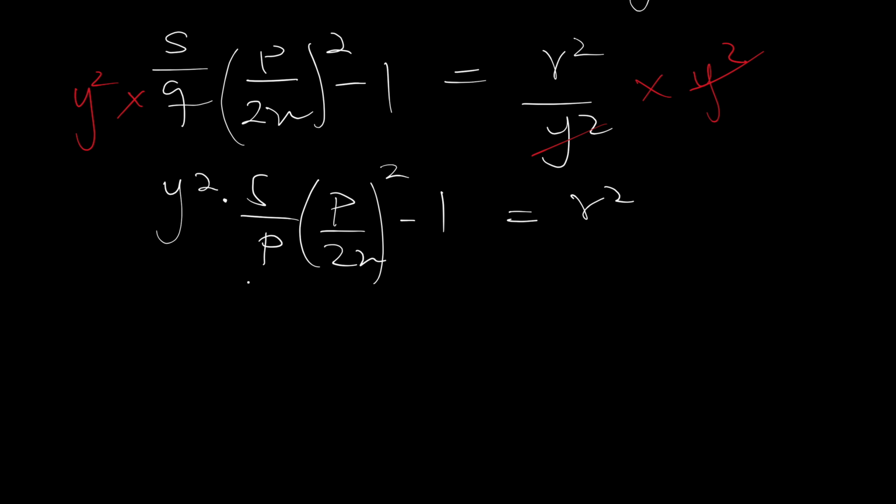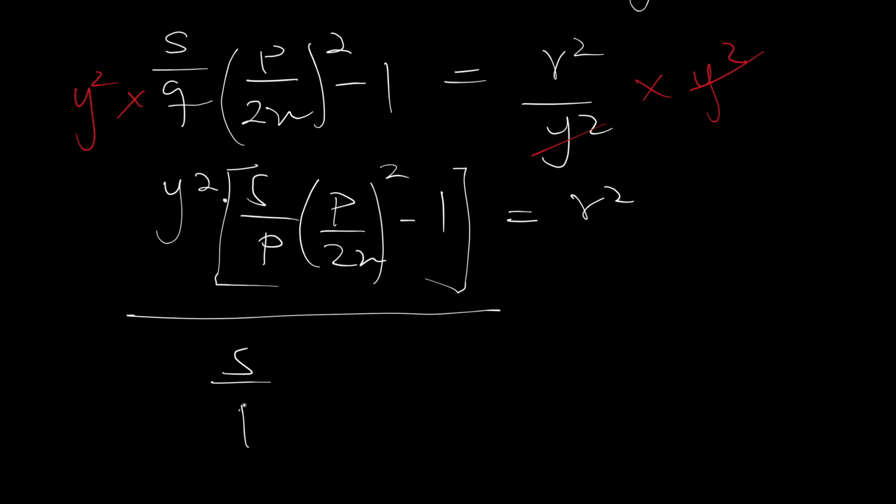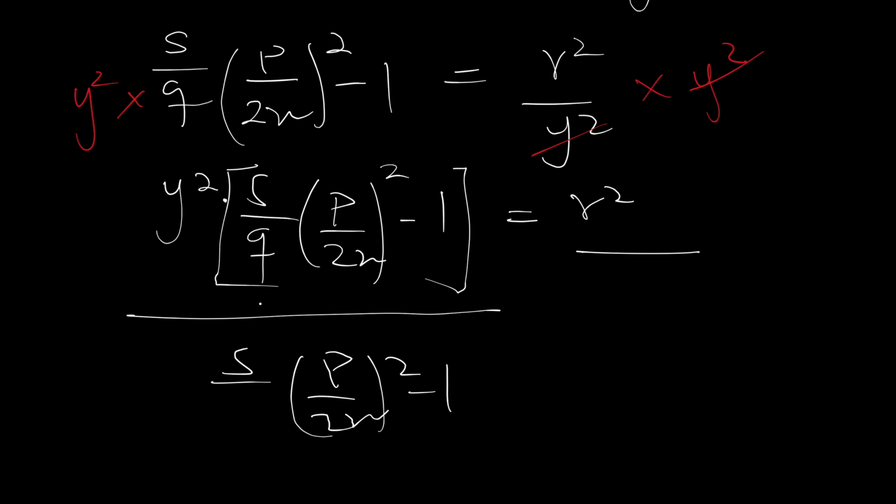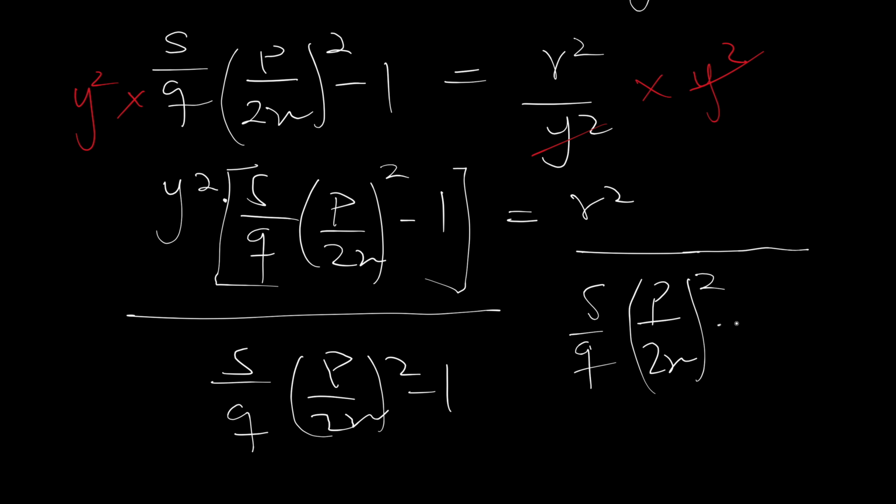But we need y, so we divide both sides by s over q multiplying p over 2x all squared minus 1.